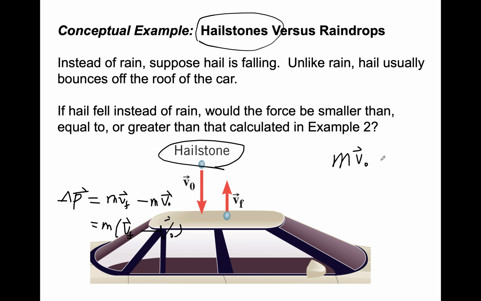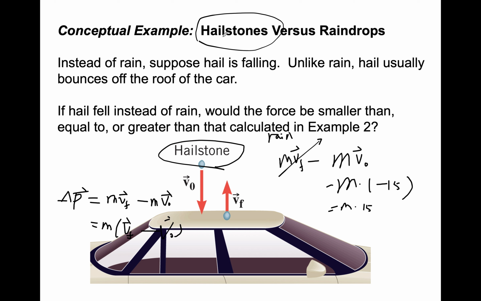If v0 is negative 15, this is just the mass times negative 15. That's the change of momentum, with a negative sign here. So this is for the raindrop, where the final momentum is 0, so the change of momentum is just 15 times m.